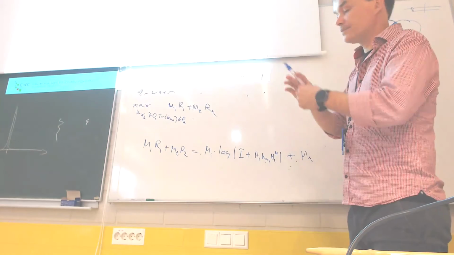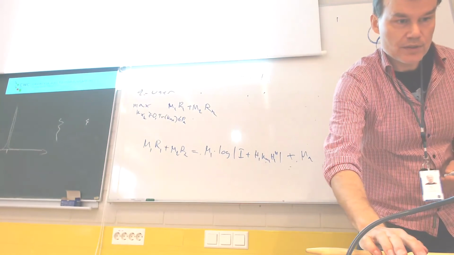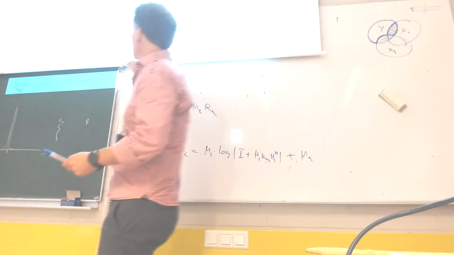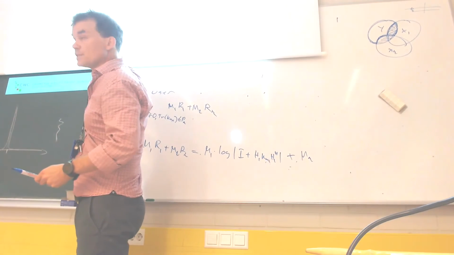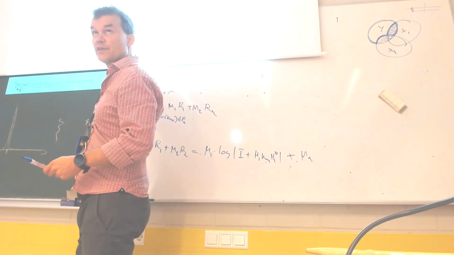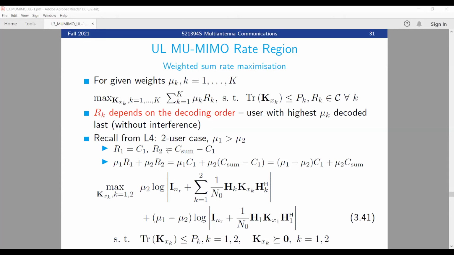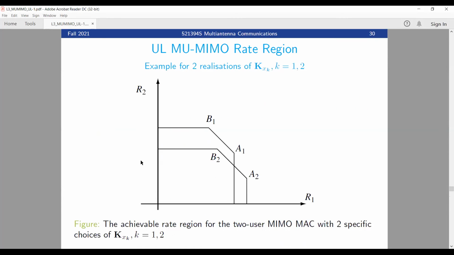What would be the rate of user 1 if decoded first? There would be interference from the last decoded user.